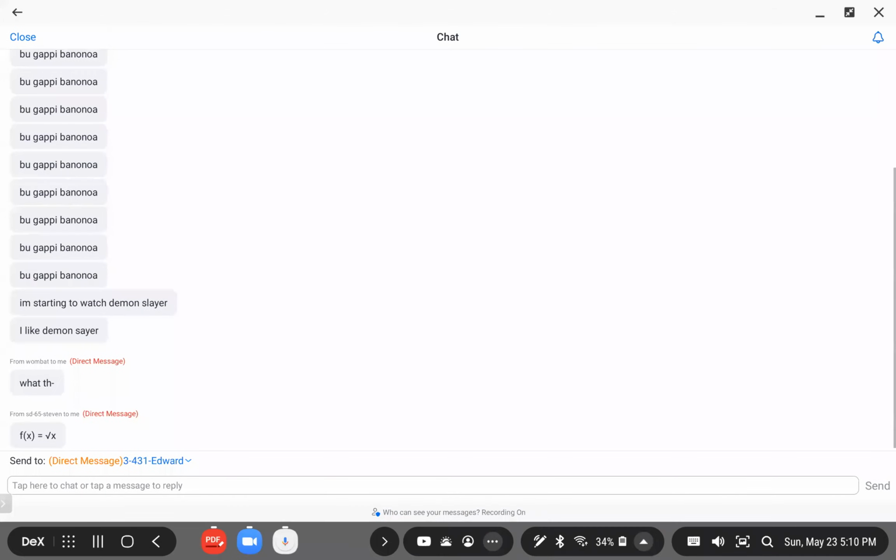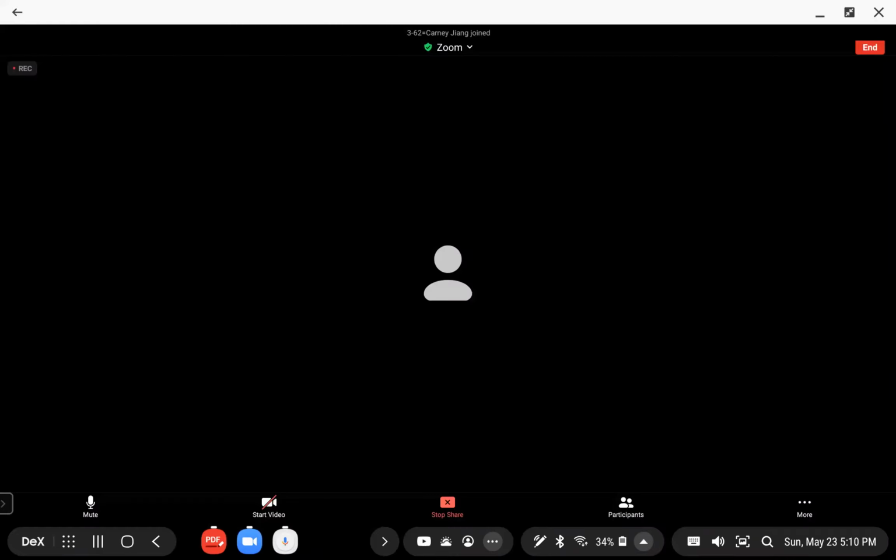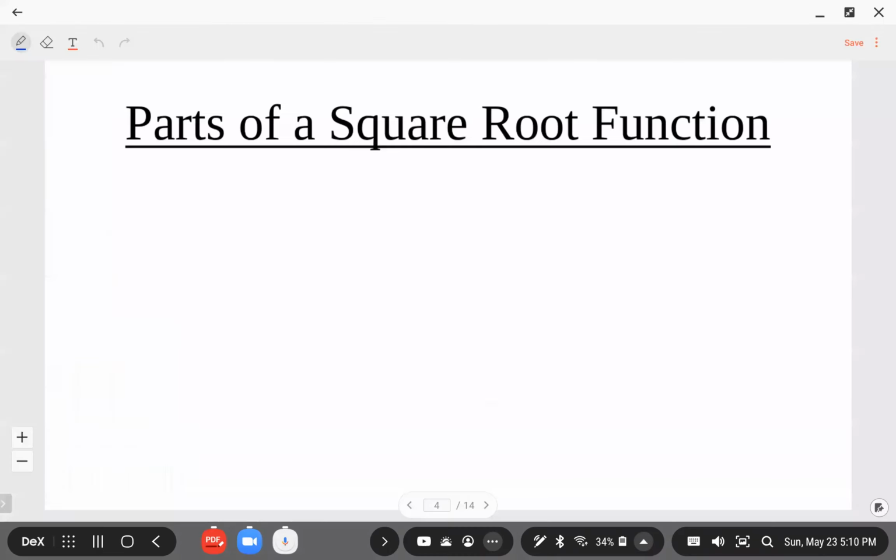All right. f(x) equals square root of x. Okay, that is the parent function, Stephen. We need the full square root function, like a values and c values, that kind of stuff. You know that one? Okay, I'll give you a moment to think about it.